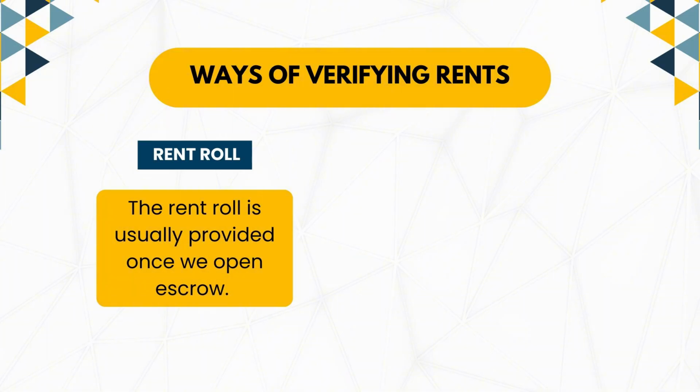Some agents and owners are okay putting the rent rolls out there beforehand, and usually it's better that way. But in case it's not available before opening escrow, it will be provided once we open escrow. So that's the first place we verify the actual rents: the rent roll.